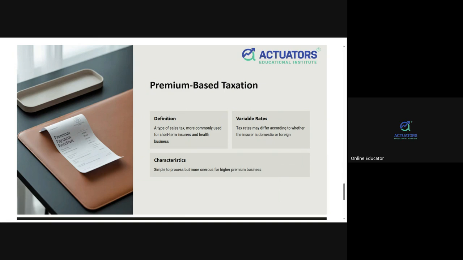But the key disadvantage is what? For life insurance, you will often have very high premiums, and taxing based on premium income may not be as attractive for an insurance company, especially for long-term products.